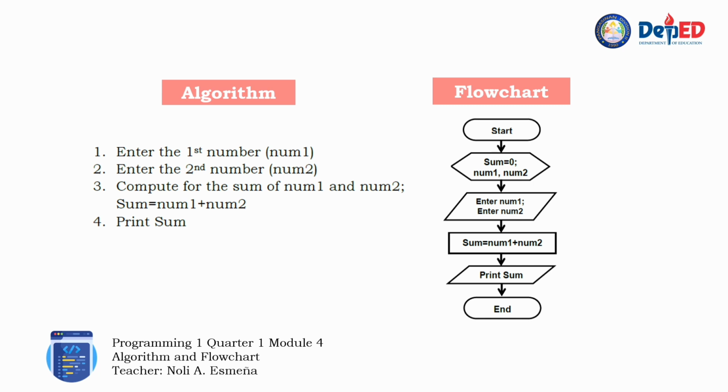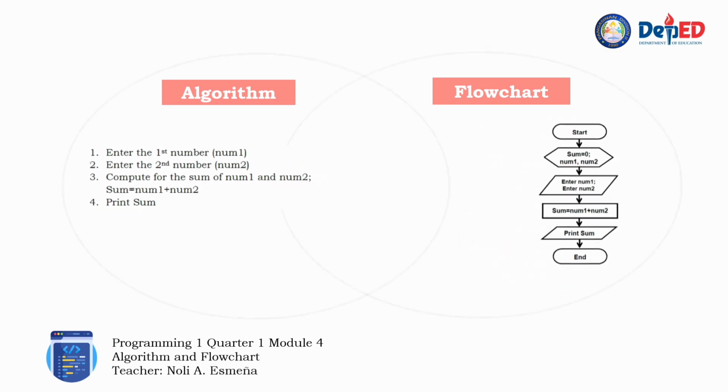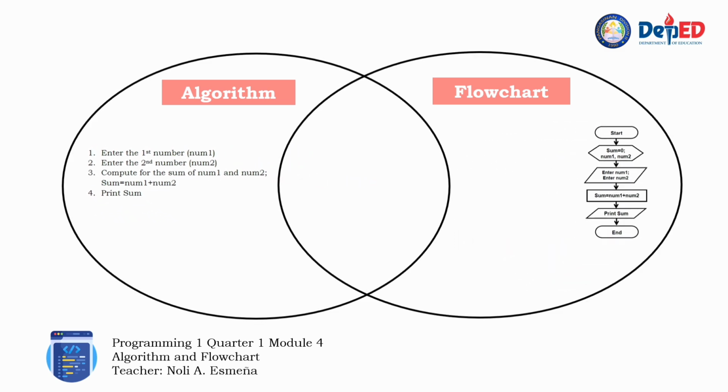To compare the two, let's look at some examples. What can you observe between the two? Algorithm and flowchart both show all the steps of the program from beginning to end.